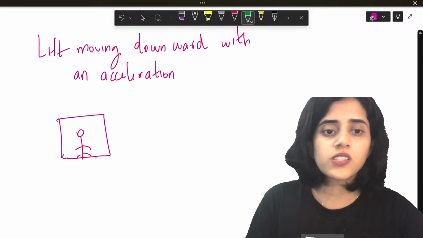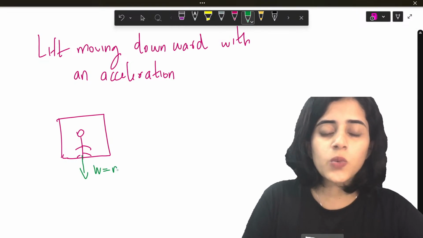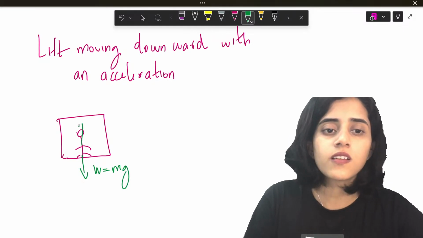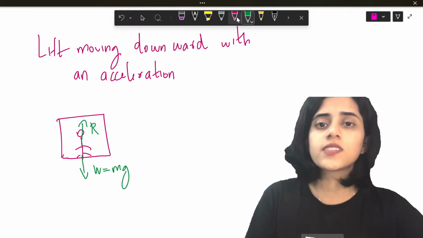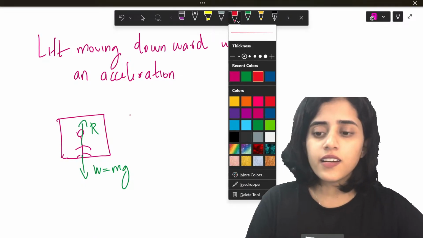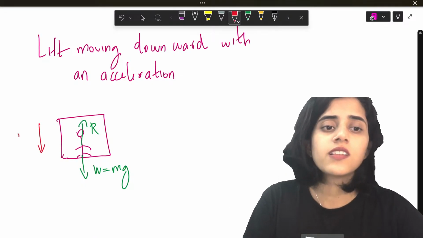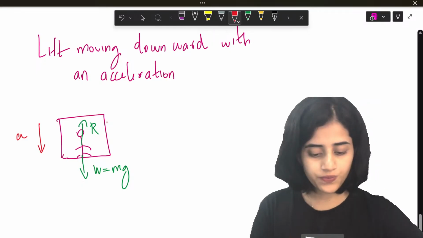And here again, there are two forces. Your weight is equal to mg acting downwards, normal reaction acting upwards. And then here, the acceleration of the lift is in the downward direction.